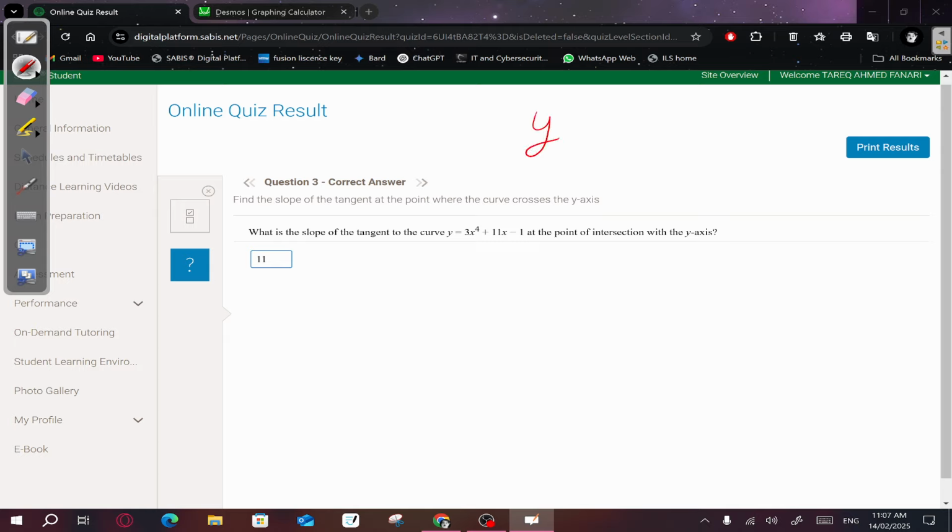If they wanted the full equation of the tangent, we're going to look at it like this. We're going to substitute in our values, which we don't have. So y equals 3 times 0 to the power of 4 plus 11 times 0 minus 1.